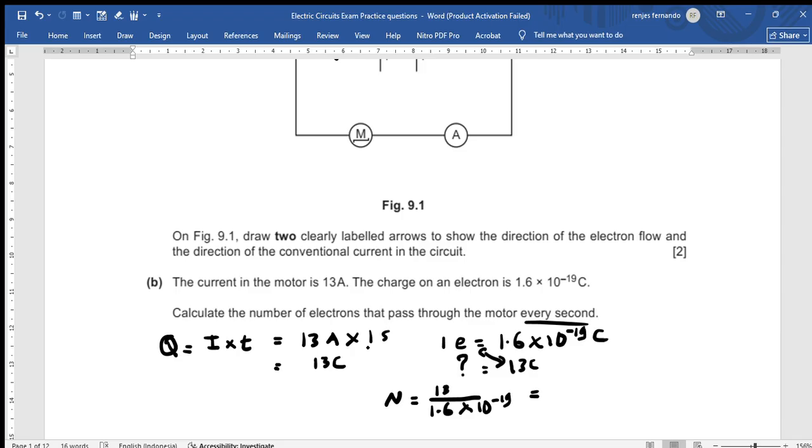If we use our calculator, it says this is equal to 8.13 times 10 to the power of 19 electrons.